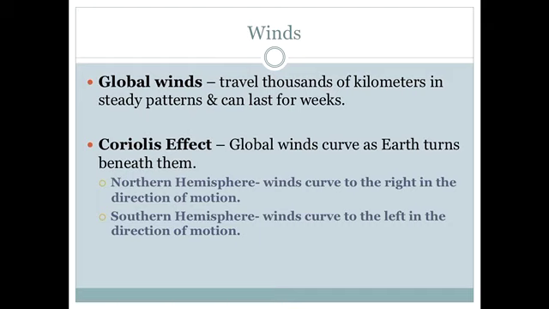In the northern hemisphere, winds curve to the right in the direction of the motion, whereas in the southern hemisphere, winds curve to the left in the direction of motion. Which hemisphere do we live in? If you said northern hemisphere, you are correct.